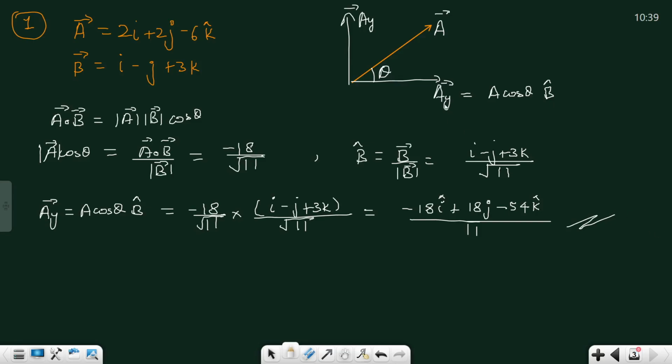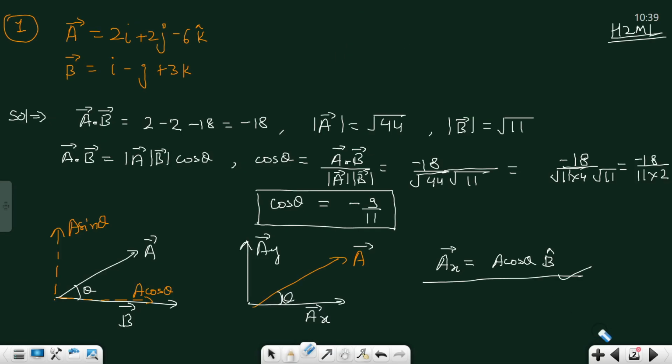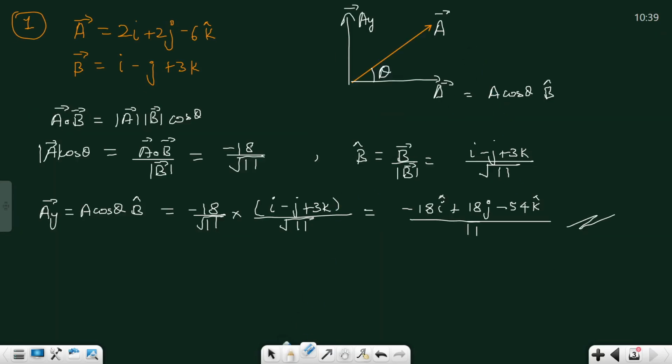Actually, this is AX. By mistake, I've written AY. In this figure it is AX, not AY. We just need to find AX because AX is along B. This is the B vector. So we are calculating the part of A which is along the B vector.